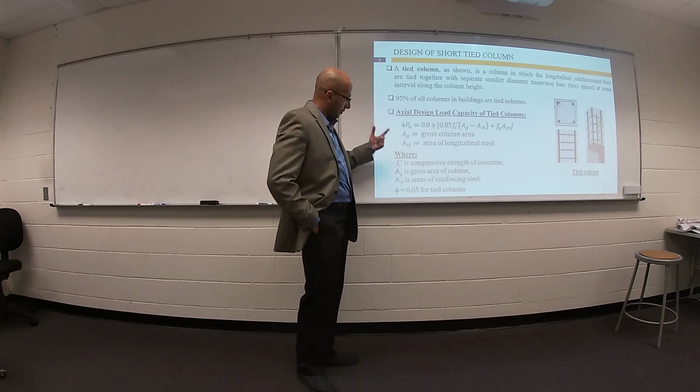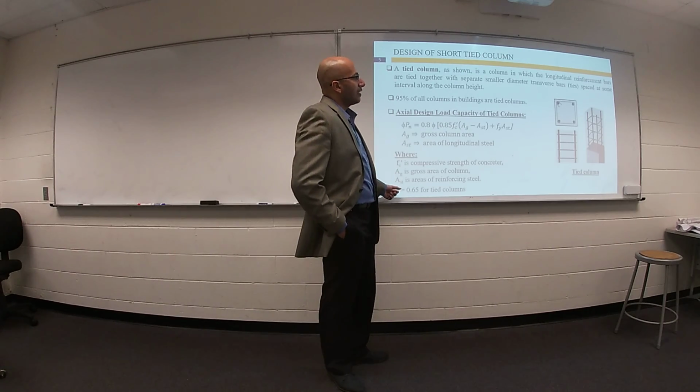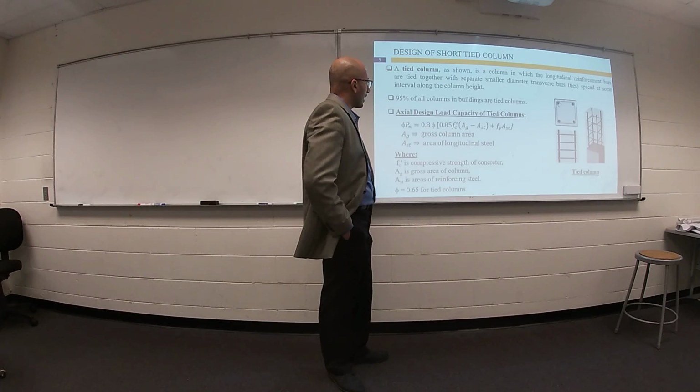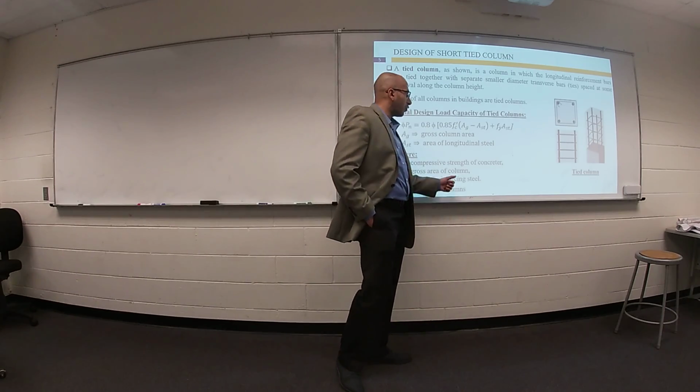I repeated this one. Anyway, phi, which is the capacity factor, is 0.65 for a tied column.